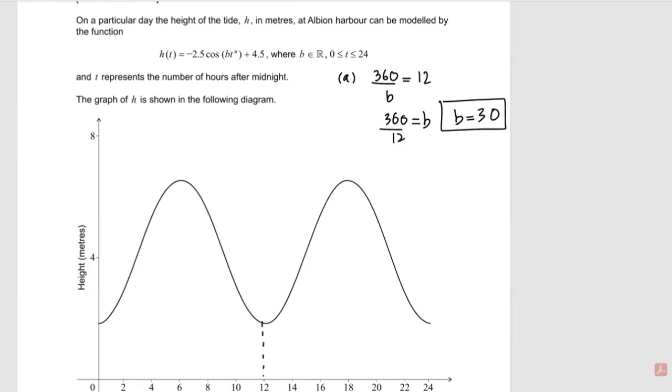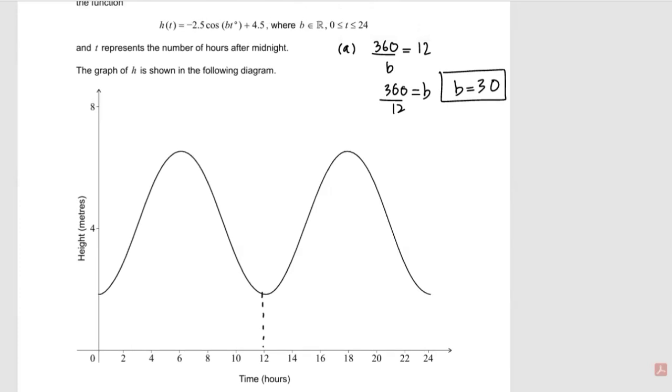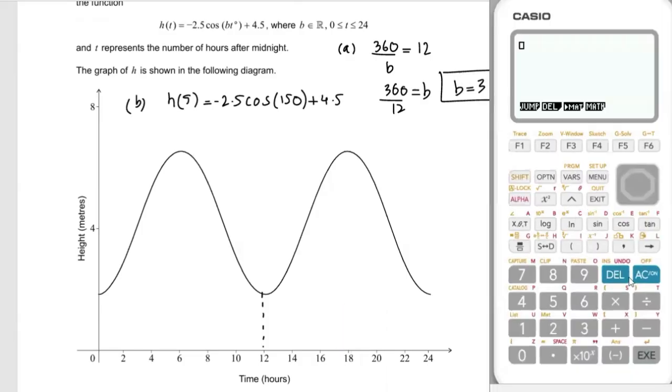Okay, so find the height of the tide when t equals 5. So we know that h of 5 is required over here, part B. And you can just put minus 2.5 cos, and this will be 30 now. And 30 times 5 is 150, plus 4.5. So let's just sub this in.